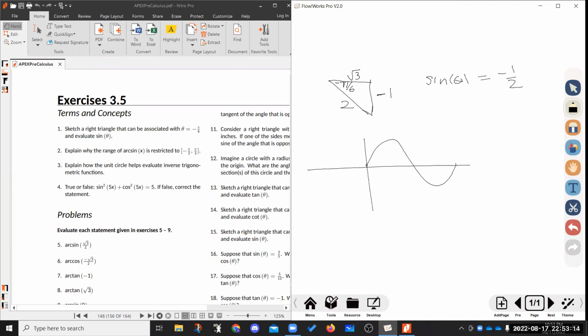But bear with me that the sine curve looks approximately like so. I need to use quadrant 1 and another adjacent quadrant that's going to give me all of the possible output values. So I'm going to do that by using quadrant 4 here. This part of the graph is in quadrant 4 and quadrant 1.